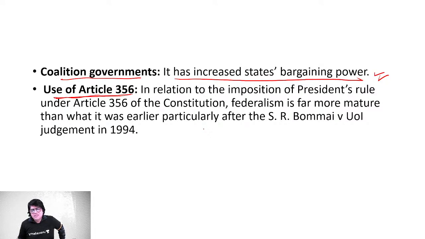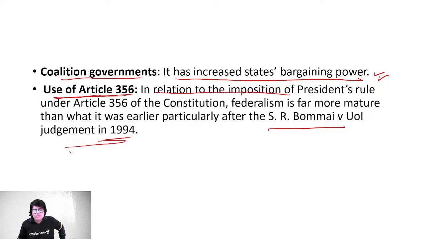But what I'm saying is that this S.R. Bommai versus Union of India judgment of 1994, that way is a remarkable judgment because it laid down guidelines to be followed by the center, under which it can proclaim state emergency, or what is popularly known as president's rule in that state, right?